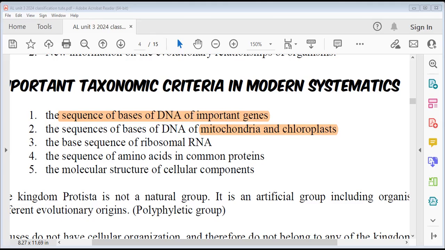Thereafter, in the kingdom, if you now take humans, we all have common grandparents, correct? We all have a common grandparent, Adam alayhi salam.